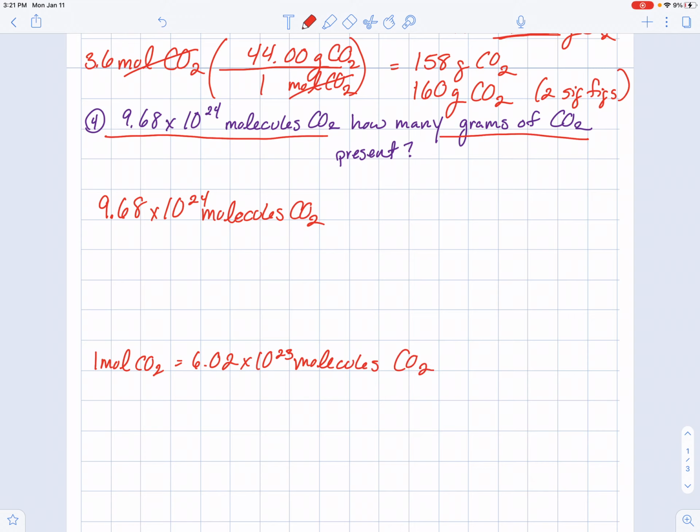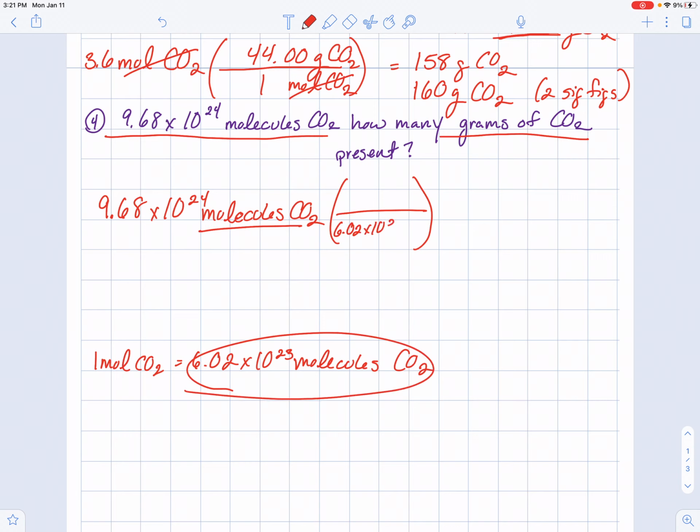And so I'll use this as my conversion factor. I want to get out of molecules, so molecules will have to go on the bottom. So 6.02 times 10 to the 23 molecules of CO2.